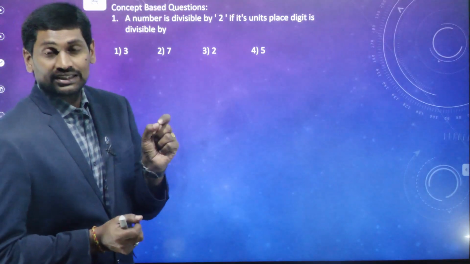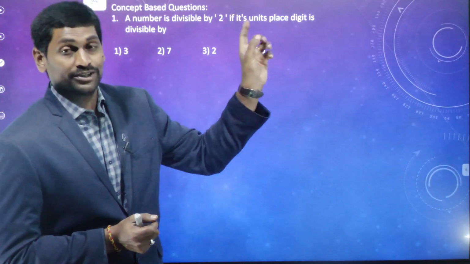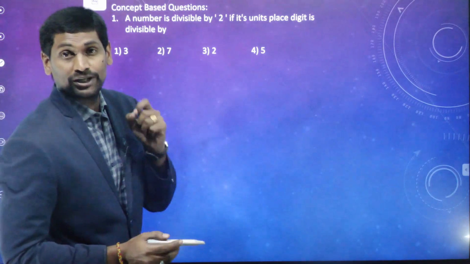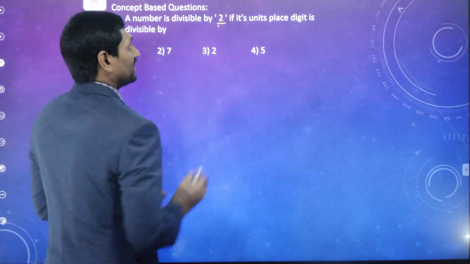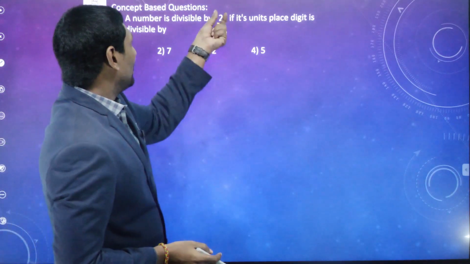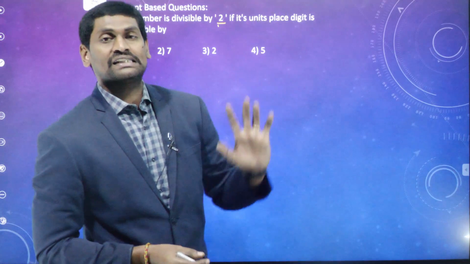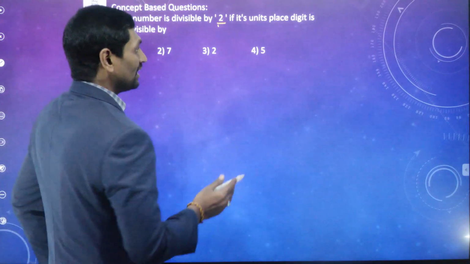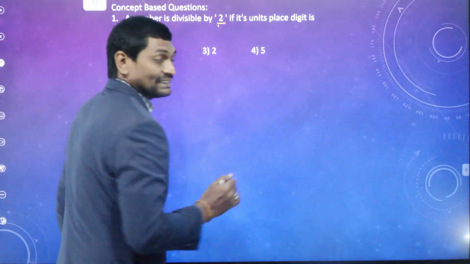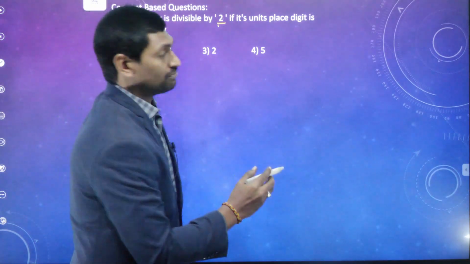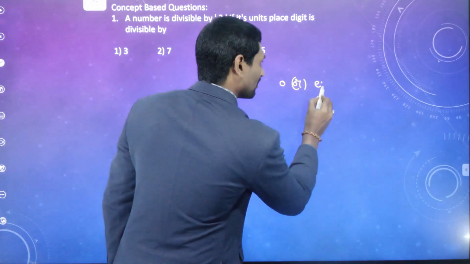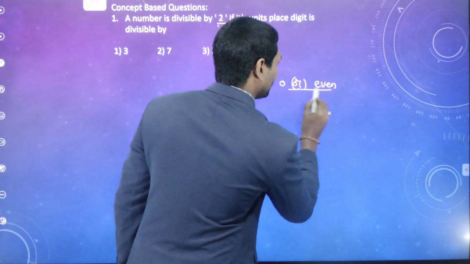First let us try the concept based questions. The first question: a number is divisible by 2 if its units place digit is... According to the divisibility rule for 2, the units place digit, or the last digit, of a number must be 0 or an even number.